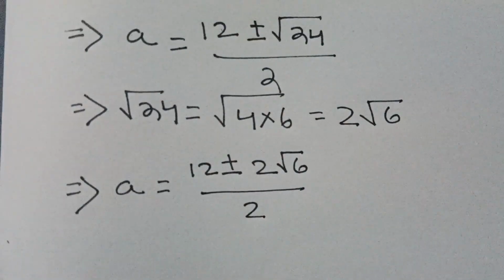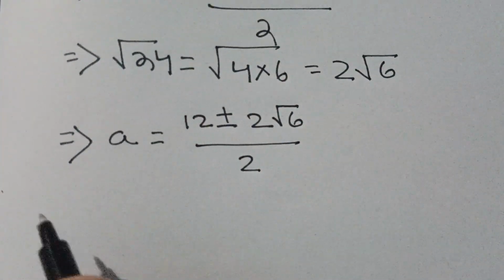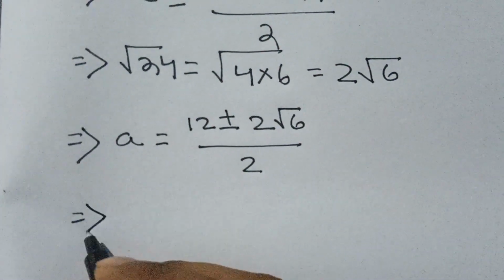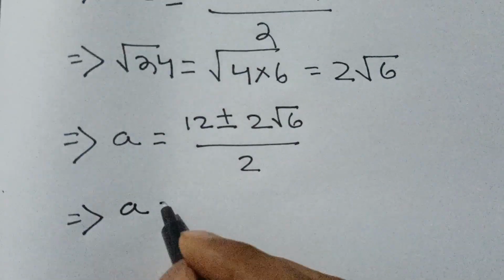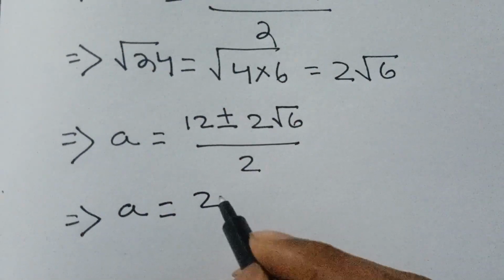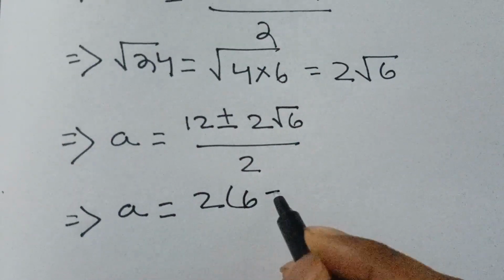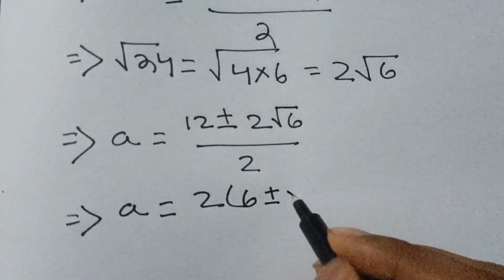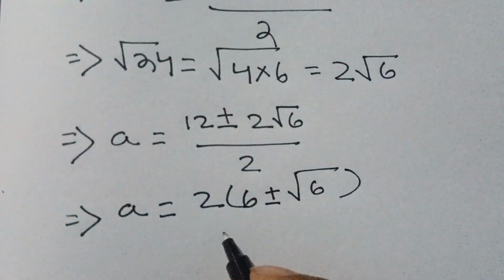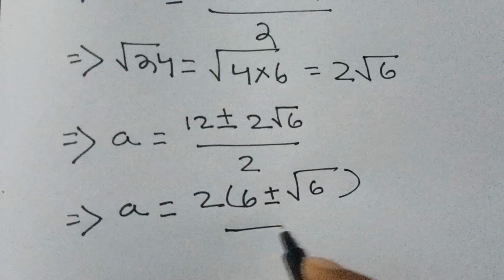Now we'll factor out 2 from the numerator. So a is equal to 2 times (6 plus or minus root 6), divided by 2.